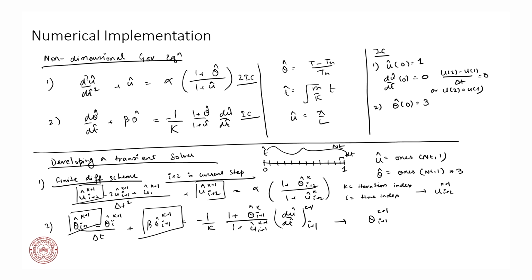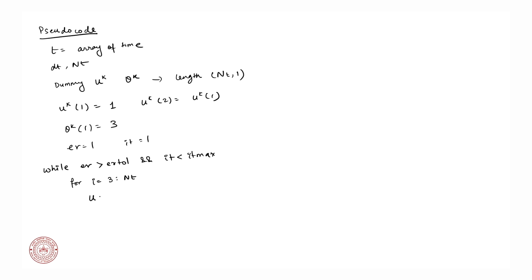These values are known, this is unknown. So, we can update our equation and find u of I in terms of uk of I minus 1, uk of I minus 2. These are defined previously.